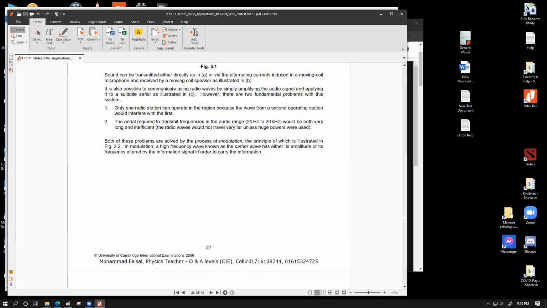What it essentially means is something like this. You have an information signal to transfer from one place to another. That information signal itself does not have enough power or energy to be transmitted over long distances. To enable it to travel over long distances, you want to merge this information signal with a carrier signal of really high frequency.